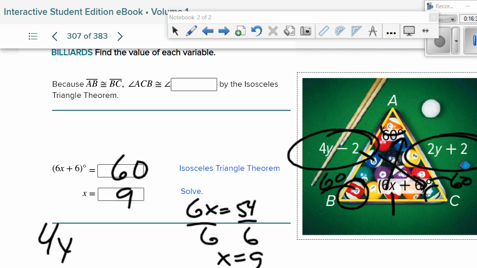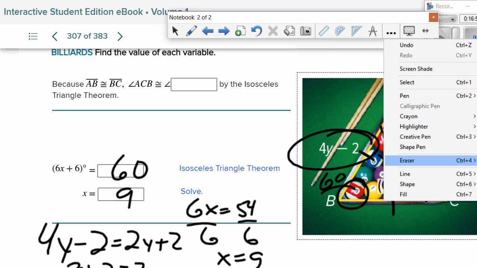I should be able to take those two and set them equal to each other. They do that down below, and I'll solve this for y. I'm going to subtract 2y from both sides, get that, add 2 to both sides, I get this, and divide by 2. I get y is 2.